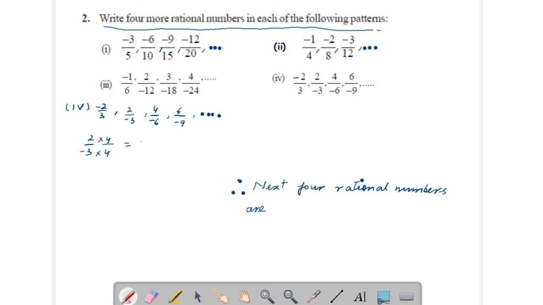You will get 8 upon minus 12. Again take 2 upon minus 3. Multiply both numerator and denominator by 5. You will get 10 upon minus 15.